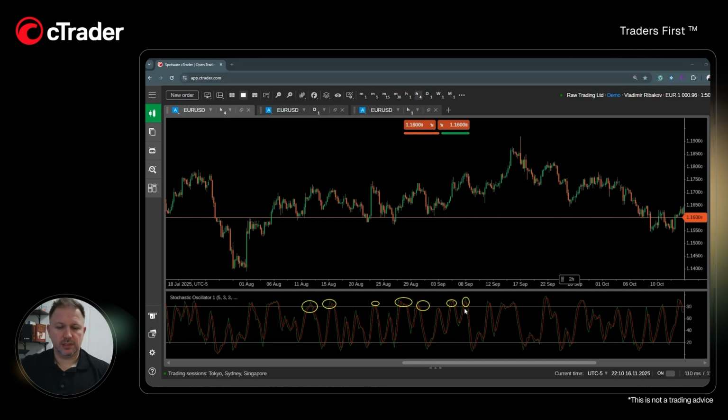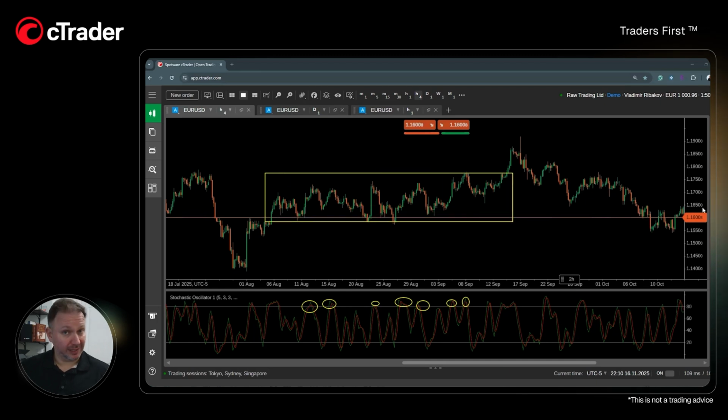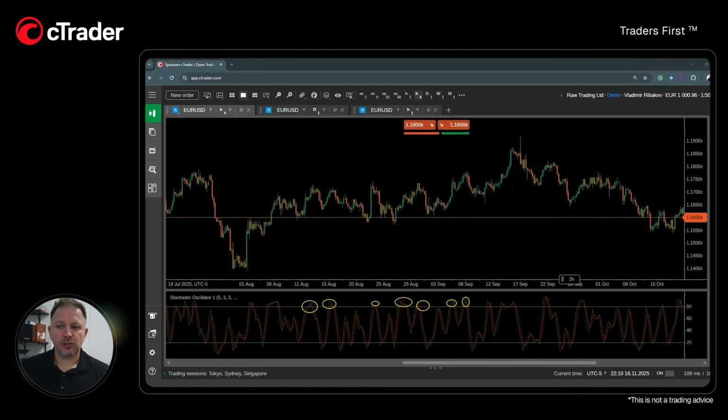So you have to be careful with that. But in slower market conditions or ranges, like we see here, for example, it would give absolutely fantastic opportunities and indications.